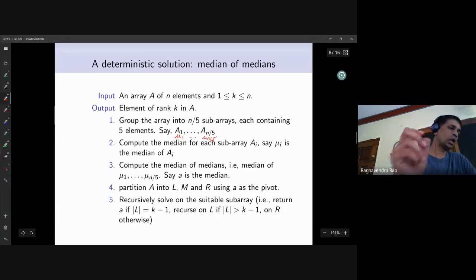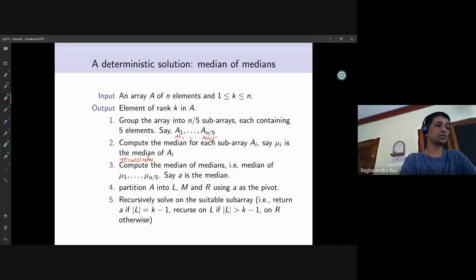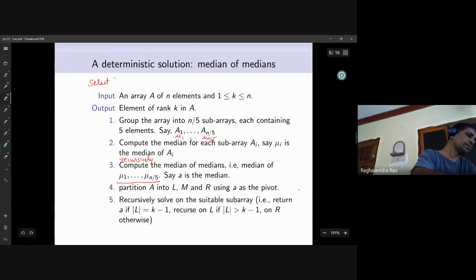Now what we do is recursively compute the median of medians. That is, take this as an array and compute the median recursively. If this is select k comma n, we call here select on the array, let's call this mu, with k being n by 5 by 2, which is n by 10, and n now being n by 5.